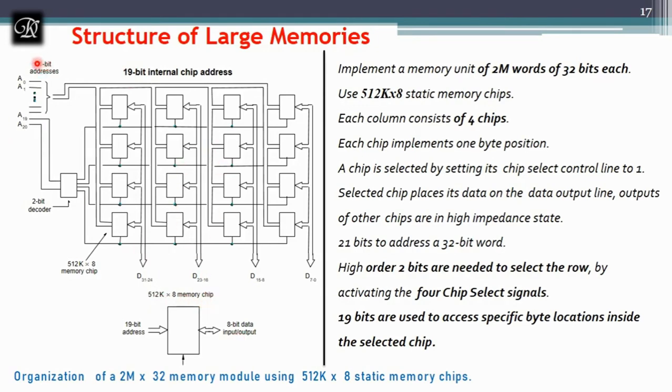Increase the number of address bits over here, make it A0 to A20, and here you will be having a 20 bit address internal lines. Here you have to change it to 1024K into 8 memory chips, and here again make it as 20 address lines, 8 bit data input, and this also should change to 1024K.